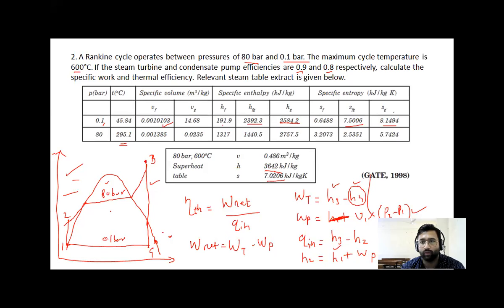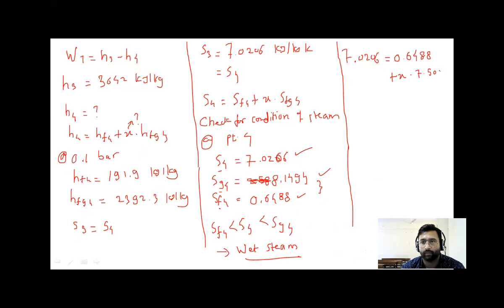SFG is 7.5. Now calculate X, the dryness factor.